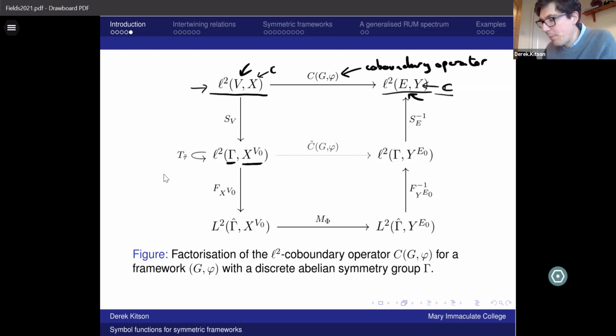What would be a simple example? I guess if you're going to take your group to be Z, so you could imagine this is Z if you just want a one-way periodic thing.